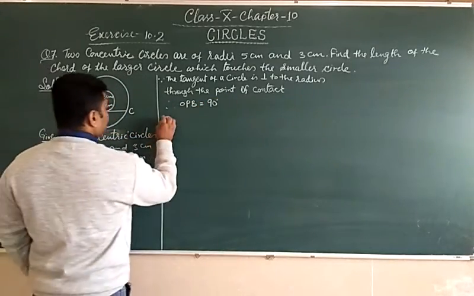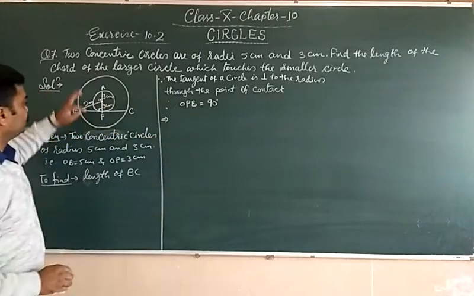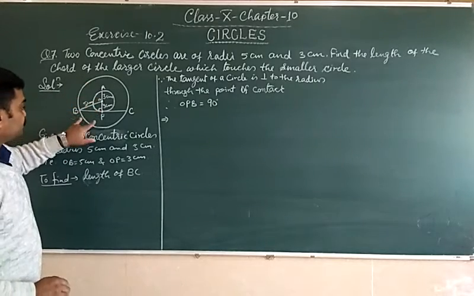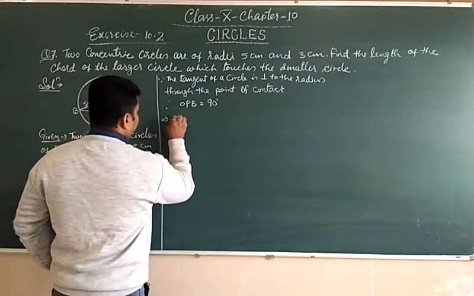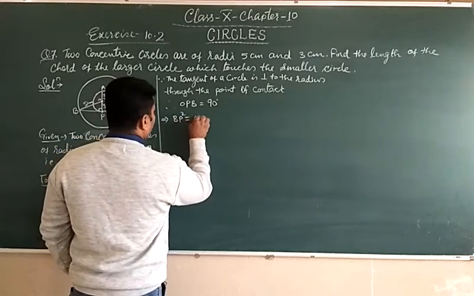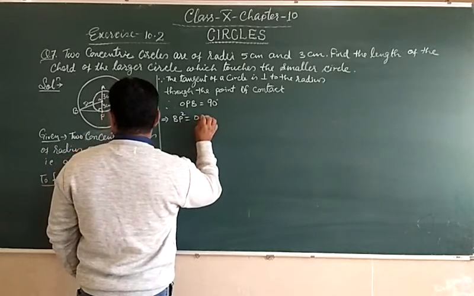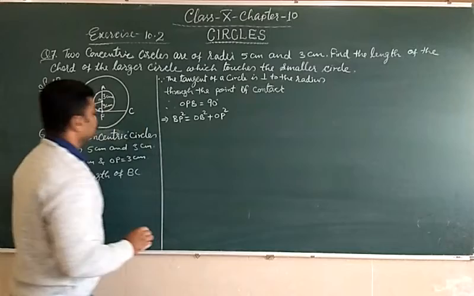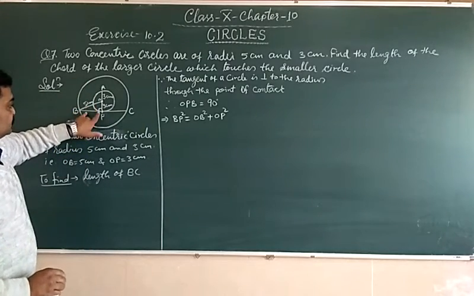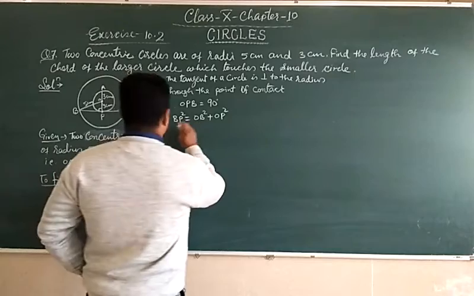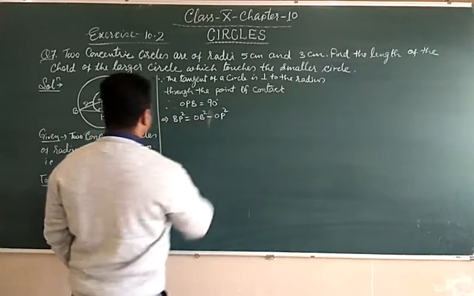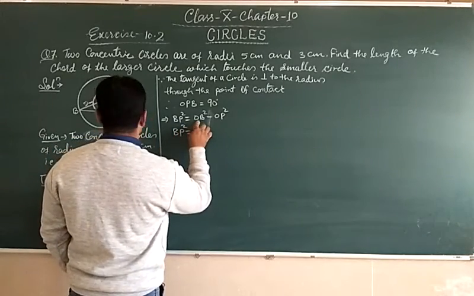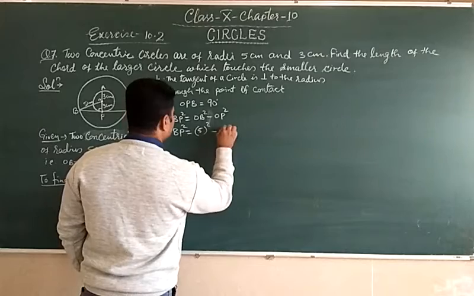Clear? This implies OB square minus OP square is equal to BP square. Clear? So BP square is equal to OB square minus OP square, that is 5 square minus 3 square.